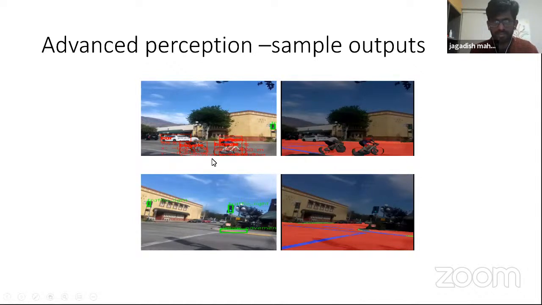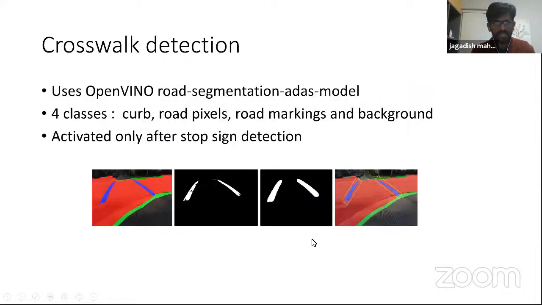This is on the left column. On the right column, we're showing the performance of the road semantic segmentation model. We're able to detect the road pixels and also extract the road markings from it. And using the road markings, we are also able to detect the crosswalks.